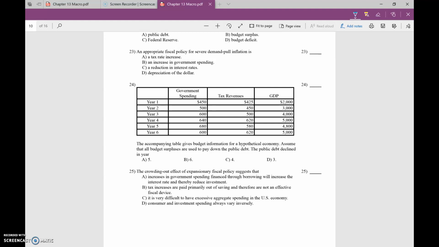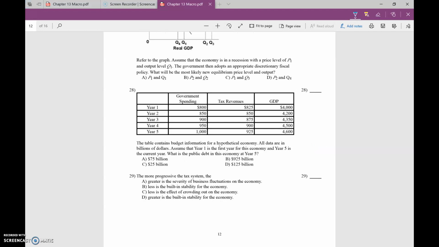So the public debt is going to go down whenever we have a budget surplus. That means whenever the taxes are greater than government spending, and this happens in year 6.